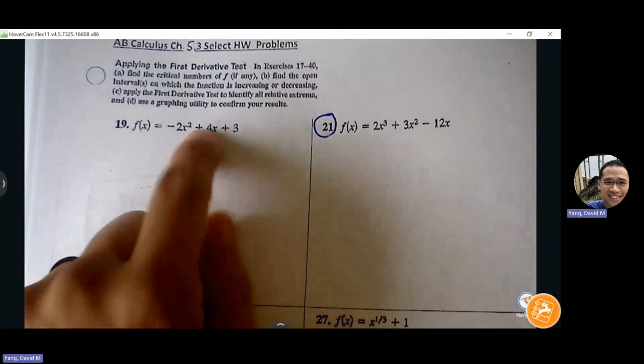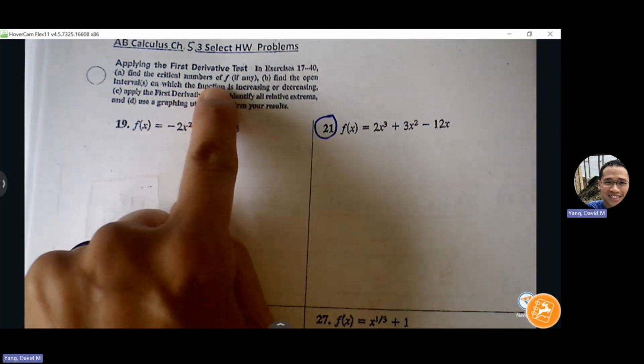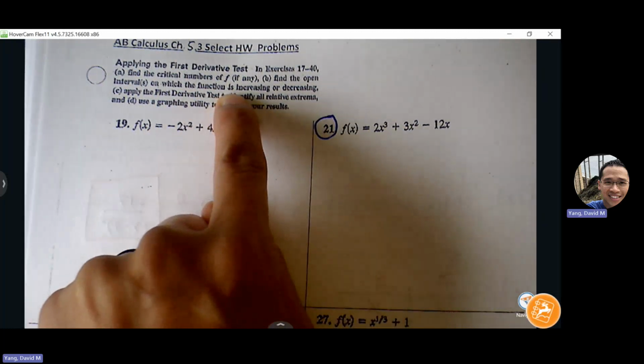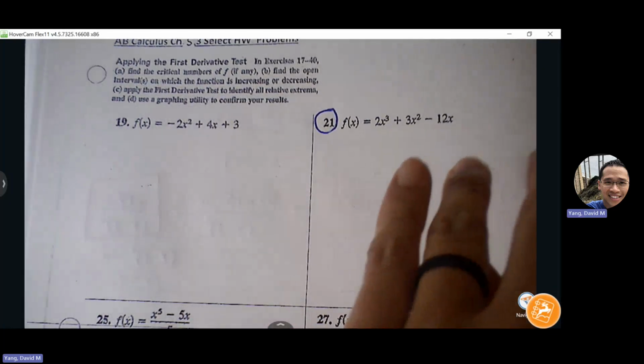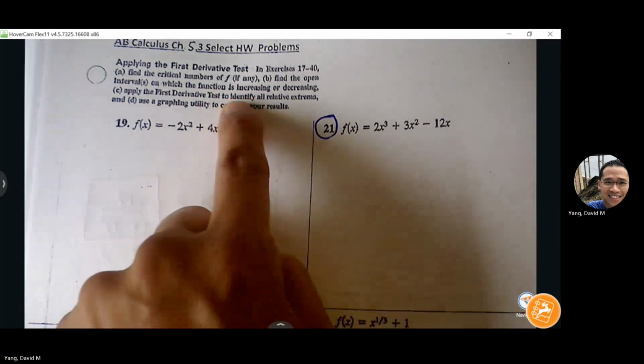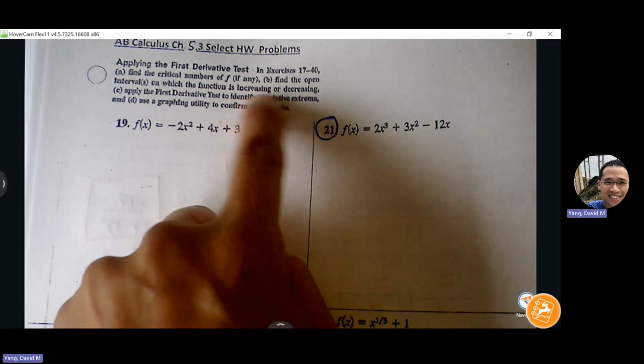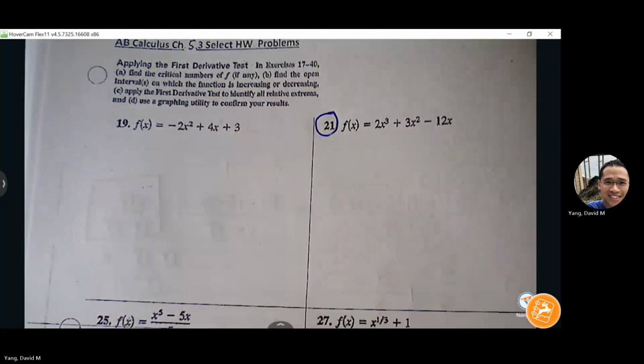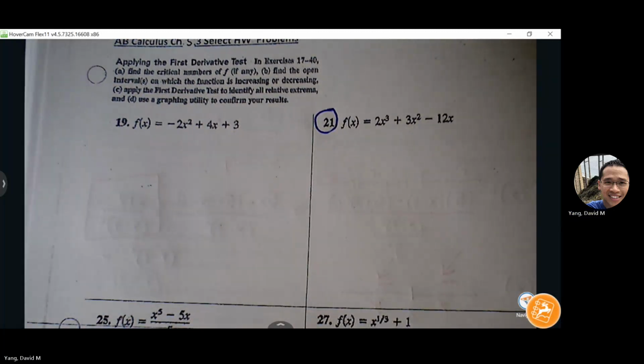The direction says, find critical numbers, and then you'll create your derivative sign line and populate that sign line. Then you can determine intervals of increase, decrease, and relative extrema. So once you find f prime, I would say take out your GCF first. Then it's easier for you to look for your critical points from there.